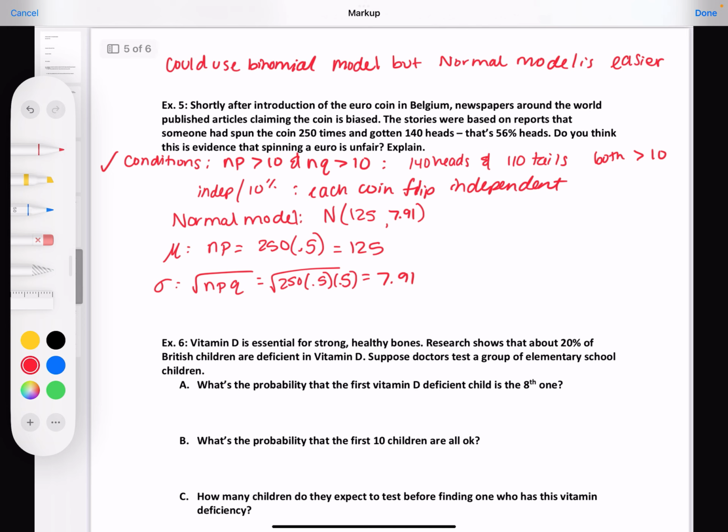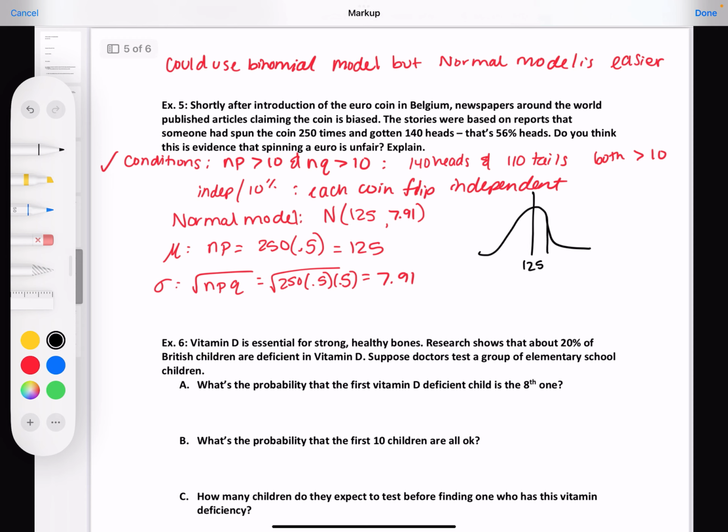So we want to know about getting more than 140, and whether that makes it unfair. Kind of what we're looking at, I'm just going to draw this small, is this curve here. The mean is 125, and I'm just going to call this 8.